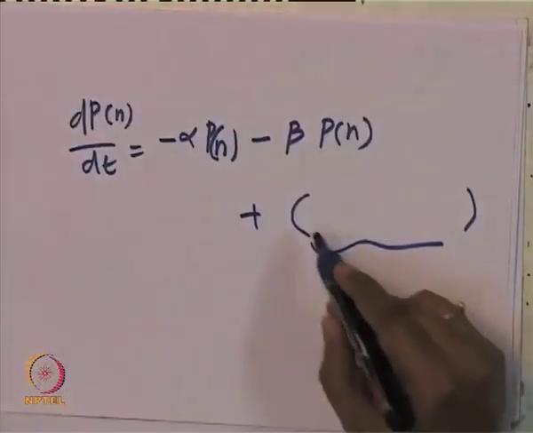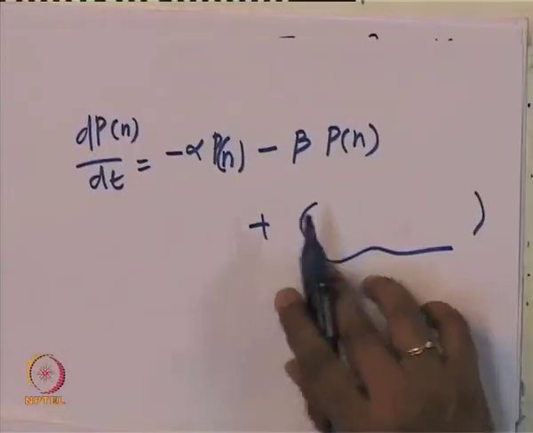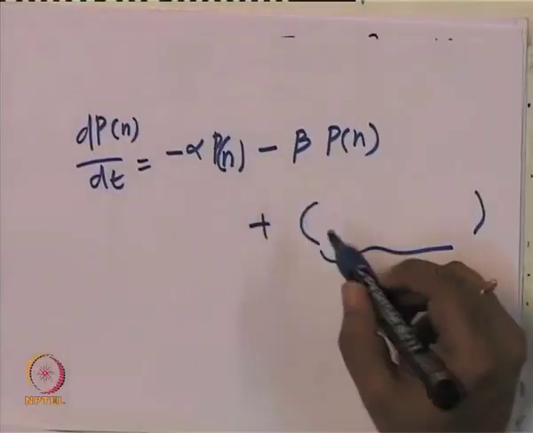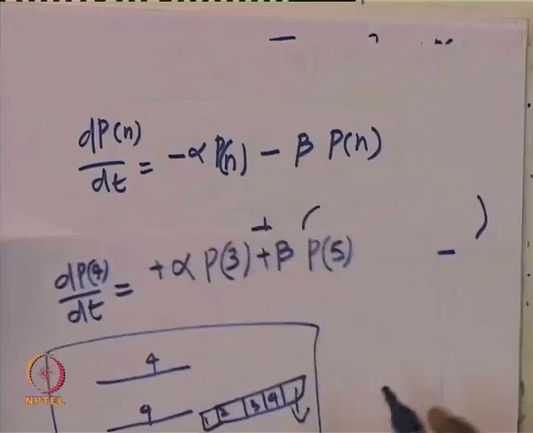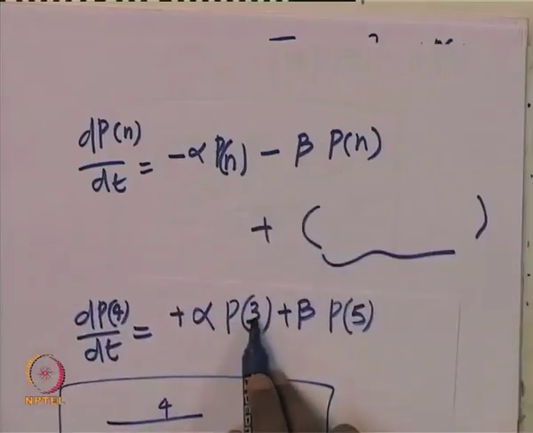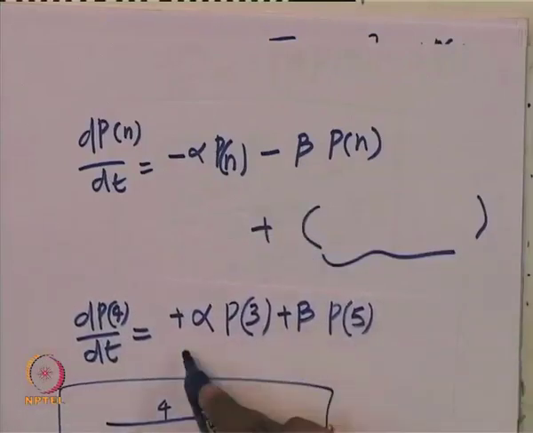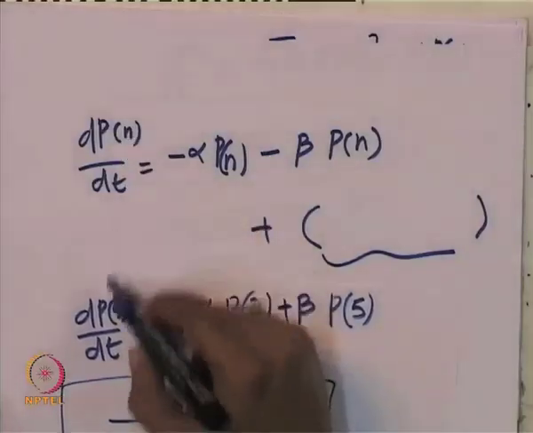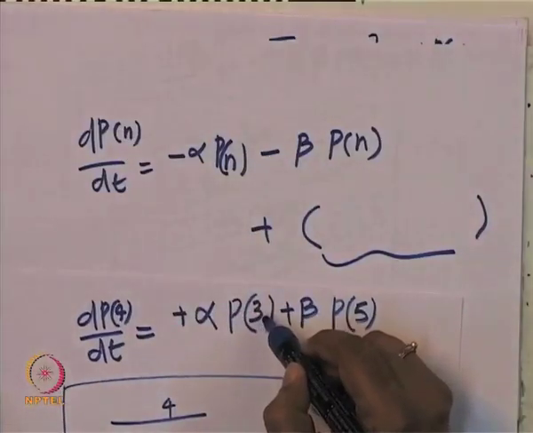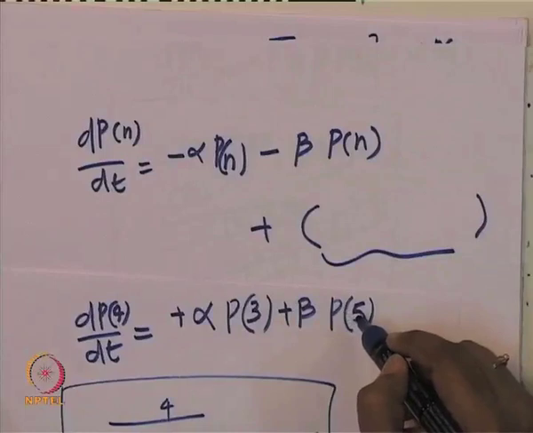So, here the n can decrease with alpha and beta, and it can increase given that a 3 comes to 4 or a 5 comes to 4. So, this is n, this is n minus 1 and this is n plus 1.